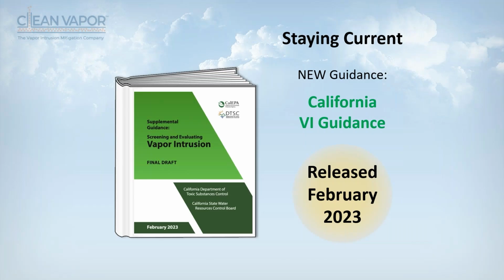Also, you want to make sure that you are working with the absolute most current version of the guidance document. California released their final draft just last month, so you want to make sure that you reference where that came from. We're involved with consulting on a legal matter where a consultant designed something to 2017 standards, which is the most recent document for that state.